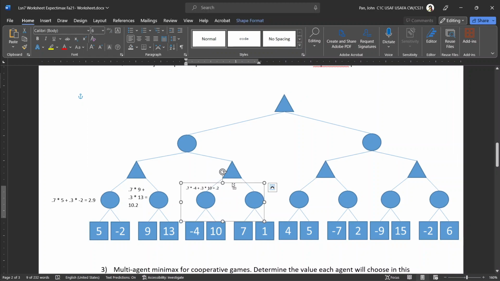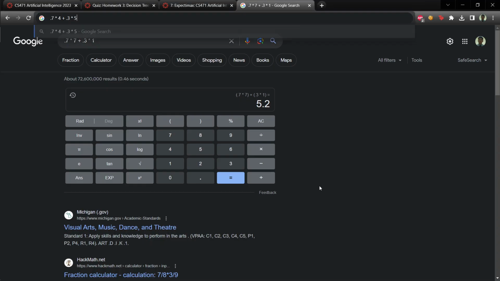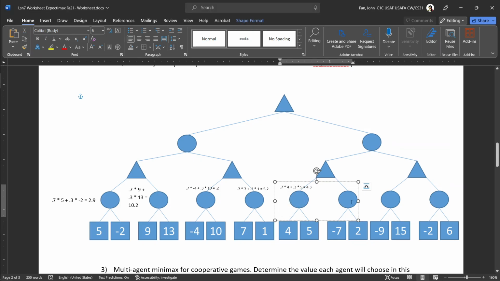All right, bear with me as I do this for every single expected or probability node. 0.7 to go left, -7, and then 0.3 to go right to 2, -4.3.